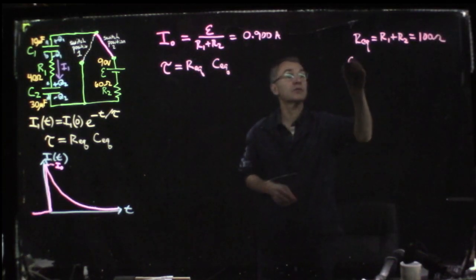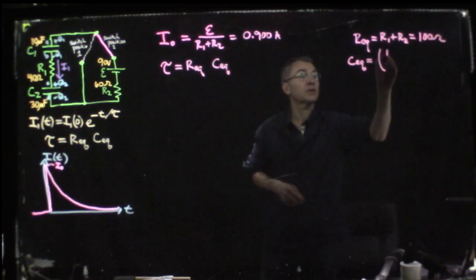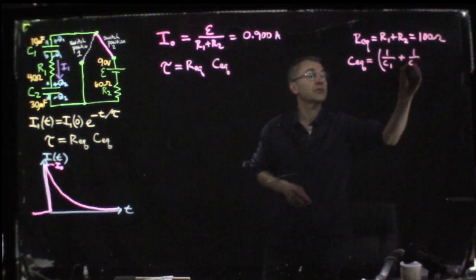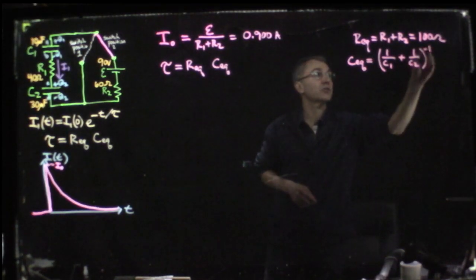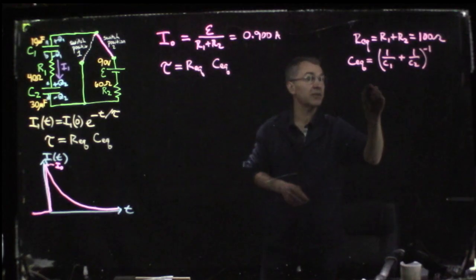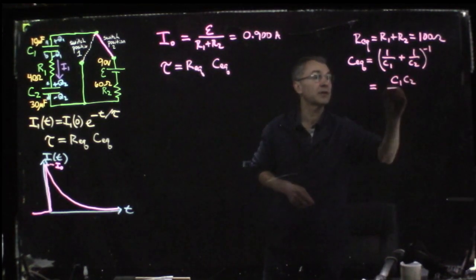And then the equivalent capacitance is 1 over C1 plus 1 over C2, the reciprocal of that, which, if there are only two capacitors, a quicker way to write that is C1 C2 over C1 plus C2.